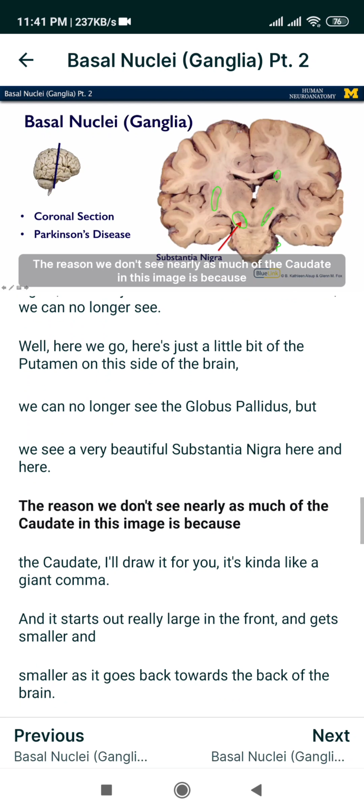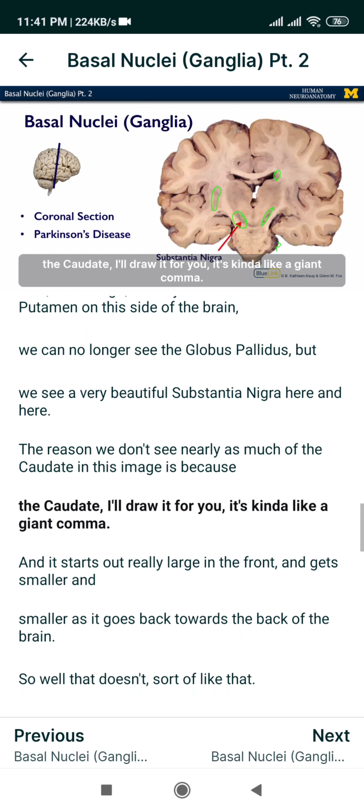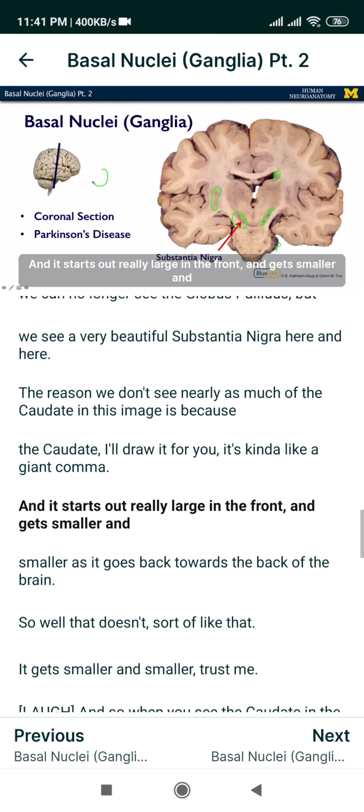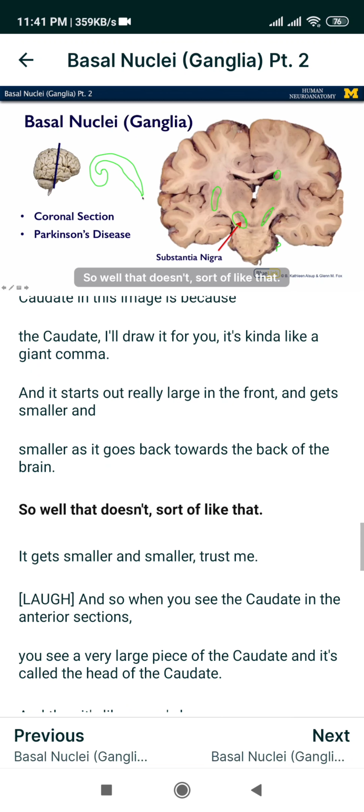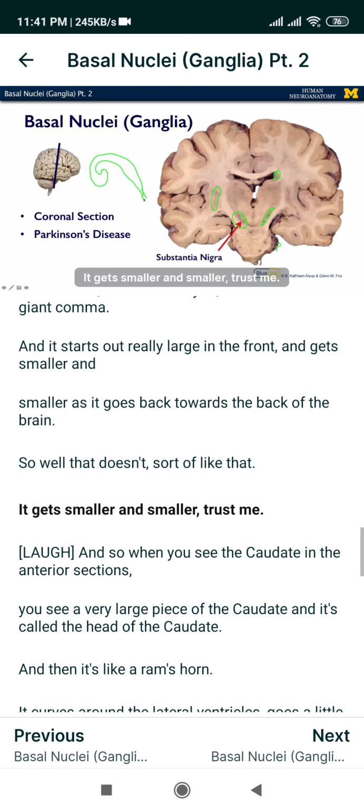The reason we don't see nearly as much of the caudate in this image is because the caudate, I'll draw it for you, is kind of like a giant comma. It starts out really large in the front and gets smaller and smaller as it goes back toward the back of the brain. It gets smaller and smaller, trust me.